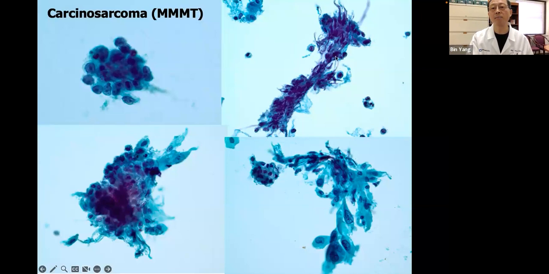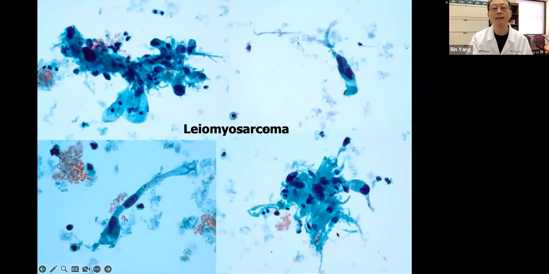This one, you see the biphasic pattern, high-grade nuclear features just like a serous carcinoma, then you have spindle atypical cells. This one, spindle plus epithelial. This carcinosarcoma, leiomyosarcoma, just very bizarre spindle cells with cigar-shaped nuclei.